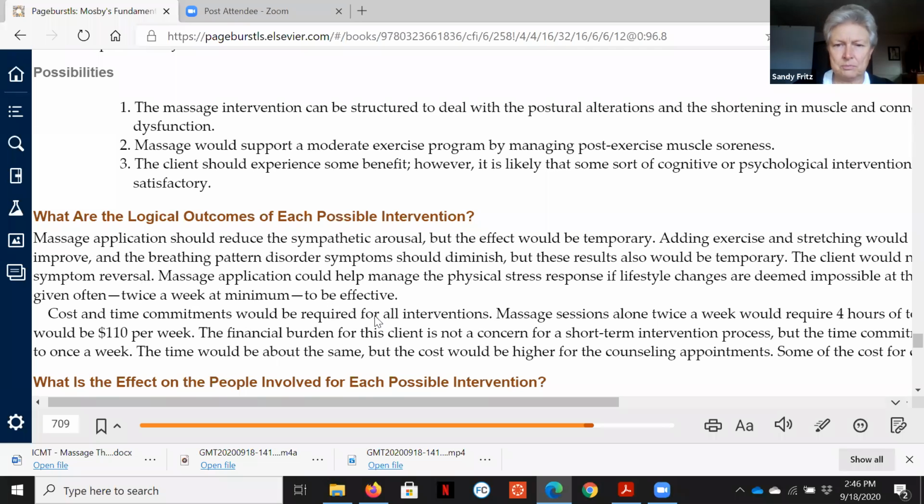Now, that's what is described here. Sort that first. Because if a client can't afford, looks like it's $110 here per week, then you're going to have to rethink the whole treatment plan. Okay?